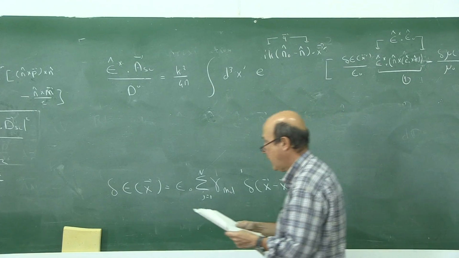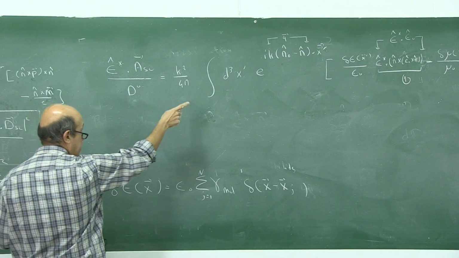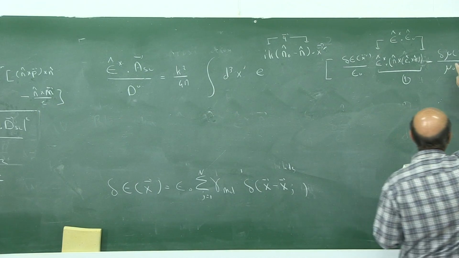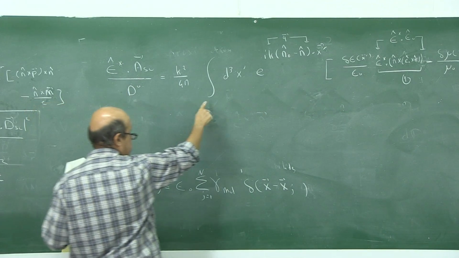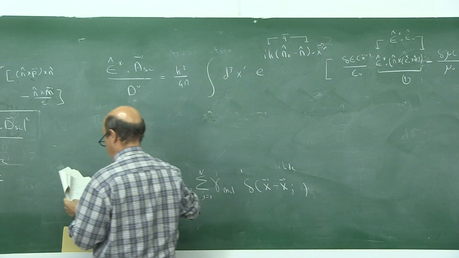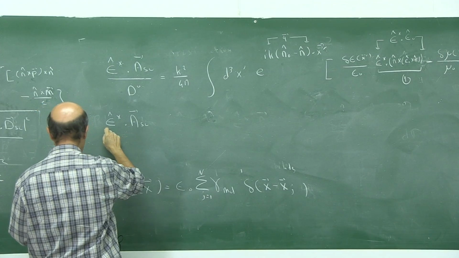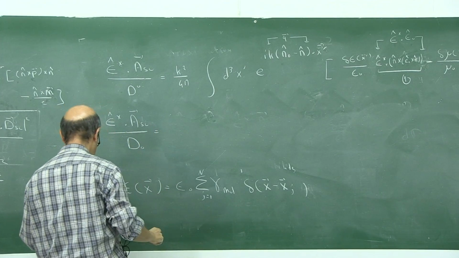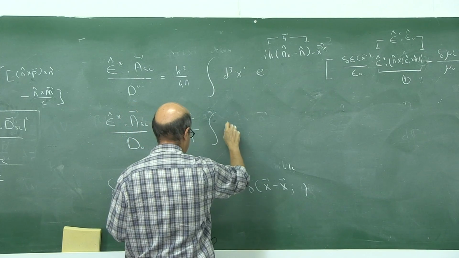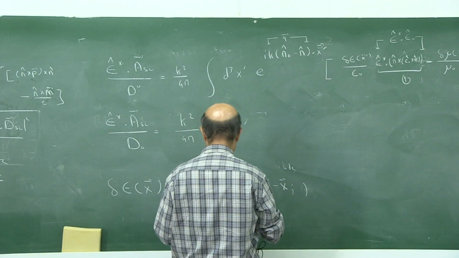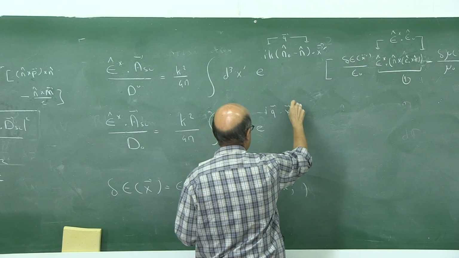If you want to calculate the scattering cross section per solid angle, we have to again calculate this above term, but again there is no variation in the magnetic permeability, and we can write this term in the following form: epsilon complex conjugate dot scattering amplitude over d0 is equal to k squared over 4 pi, integral d cube x prime e to the i q dot x prime, the above term.